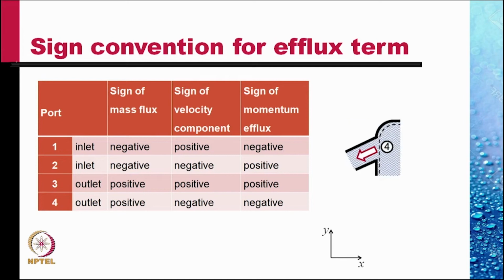But if the exit is like this, the sign of the mass flux is positive. The area vector is towards the left, the velocity vector is toward the left, and so the mass flux is positive and the velocity component is negative, so the momentum flux has a negative sign. We'll follow this convention in writing all the momentum fluxes.